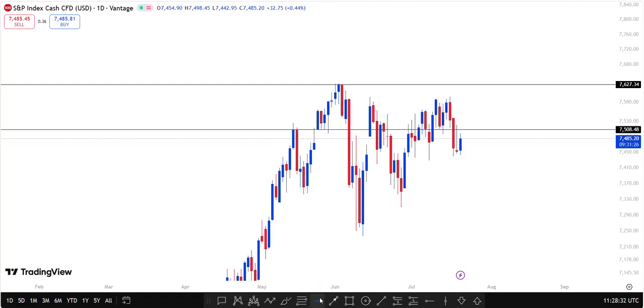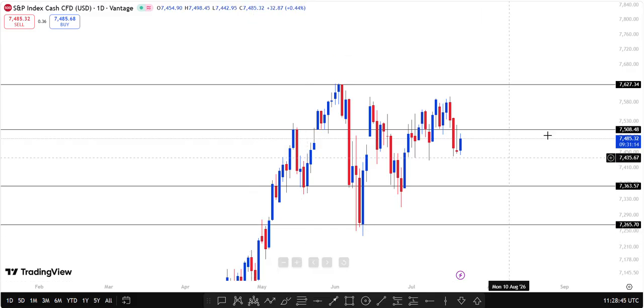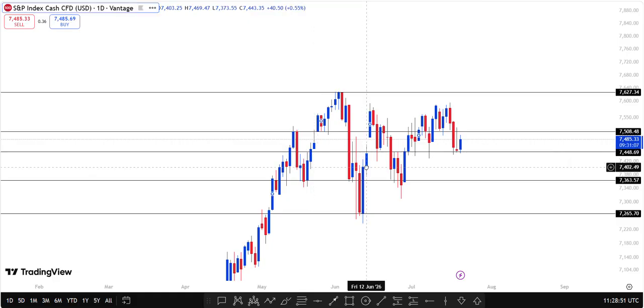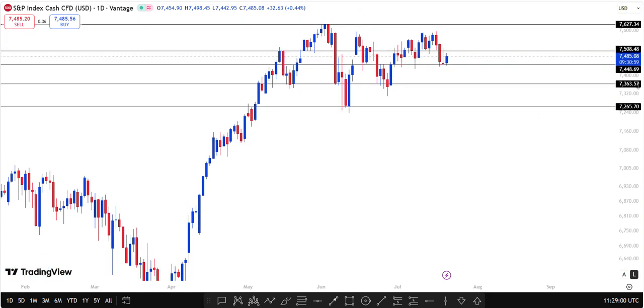These are key areas on my end, guys. This is where I'm looking, these are the very key areas on my end.